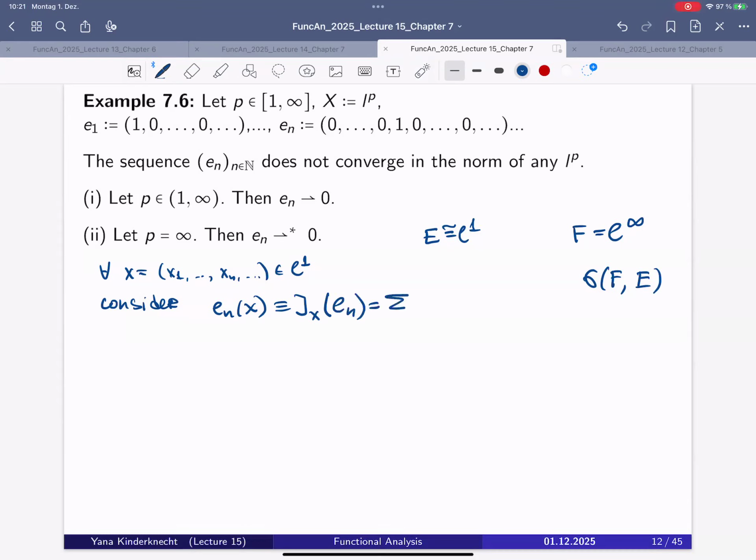It is a sum k from 1 to infinity of the kth coordinate of En times xk.